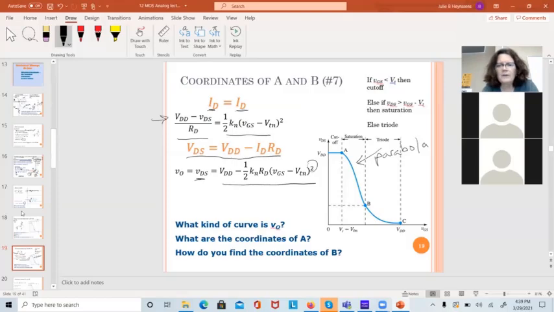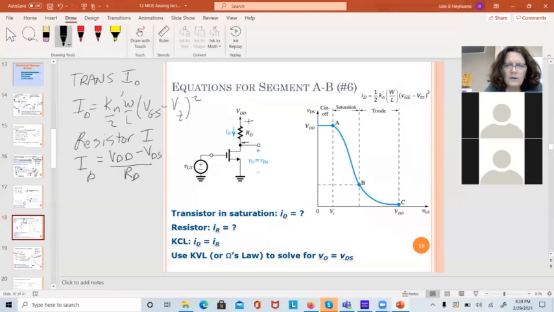Going from cutoff to saturation, VGS will be less than VT. So the x coordinate of this point is going to be at VT, and the y coordinate, if I'm in cutoff, I have 0 current, and with 0 current going through here, my VDS would be VDD.